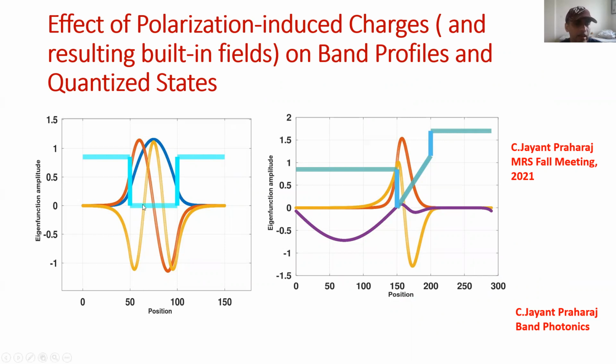You can see that on the left, when there is no polarization-induced charge, you have the electron states that are fairly symmetric with respect to the center. But when we have polarization-induced charges as on the right, then the electron wave functions basically get shifted towards the left. And the hole wave functions behave similarly, except that they get shifted towards the right. And that has major implications for optoelectronic devices in these materials.